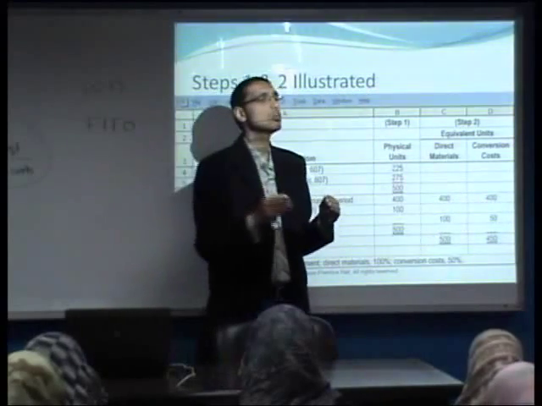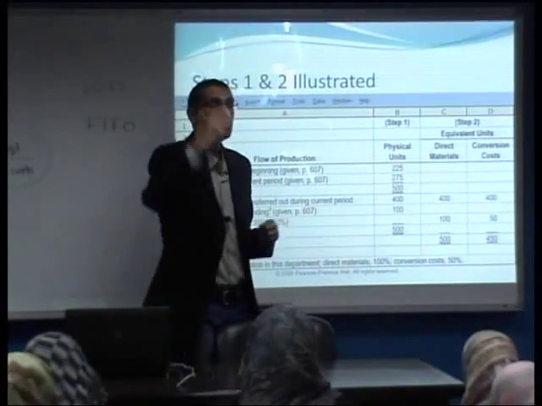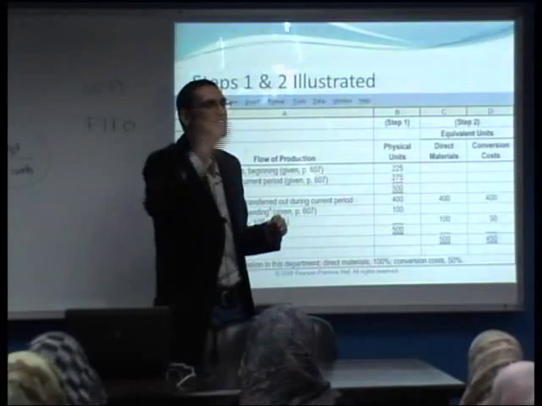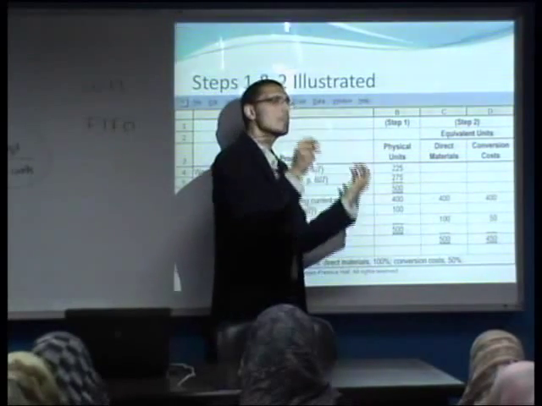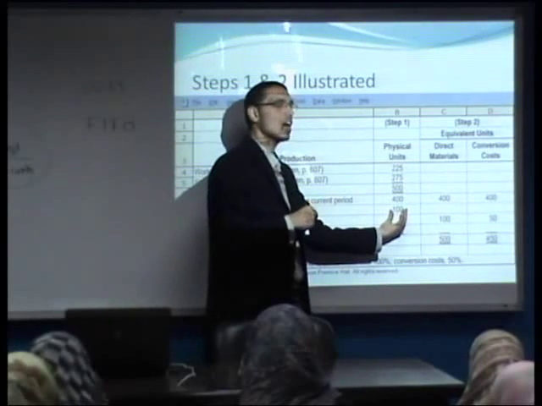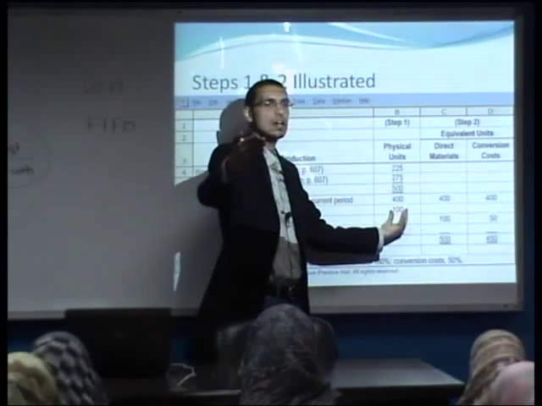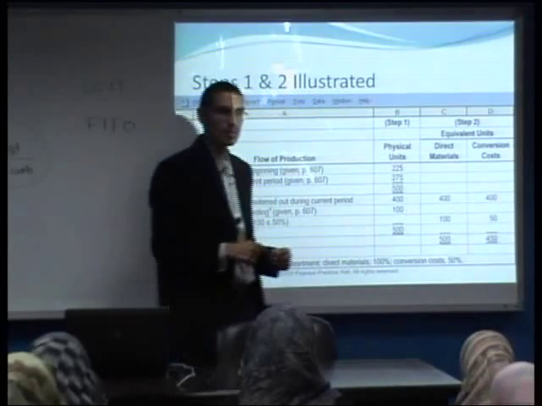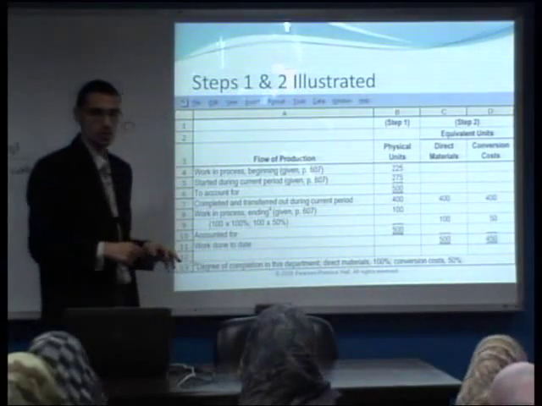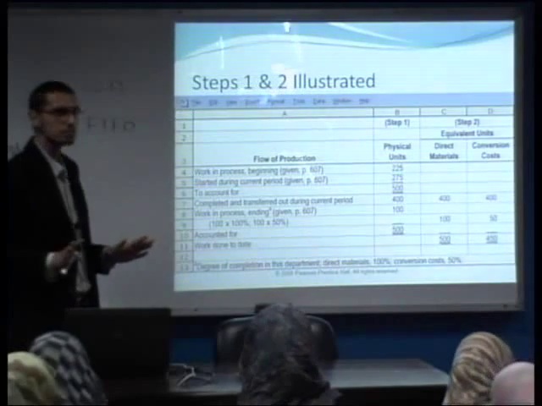That means that we would have produced 50 complete units if we had incurred the same cost that we incurred for the 100 units in order to reach these units up to the 50% that they have reached. Any questions?